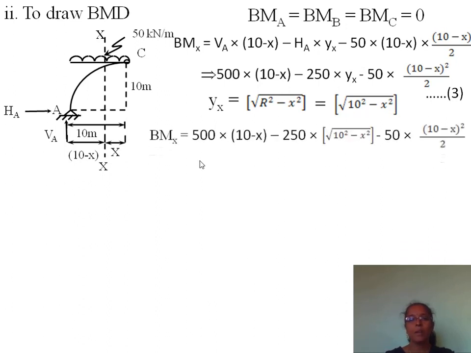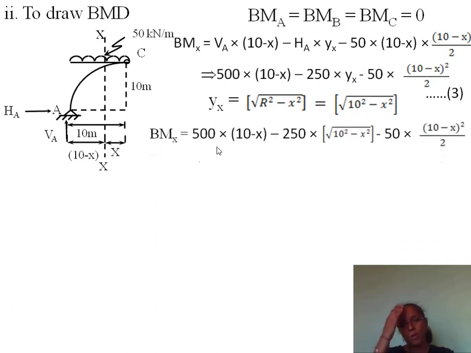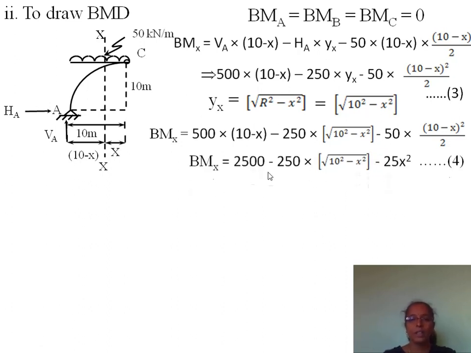So bending moment at any section X will be equal to 500 into 10 minus X minus 250 into root of 10 square minus X square minus 50 into 10 minus X whole square by 2. If you simplify, the bending moment at any section X is given by 2500 minus 250 into root of 10 square minus X square minus 25X square. Take it as equation 4.